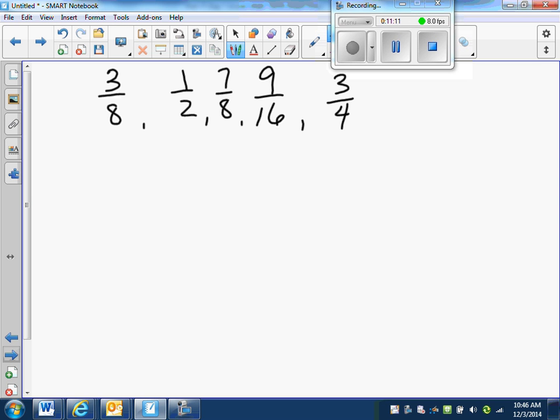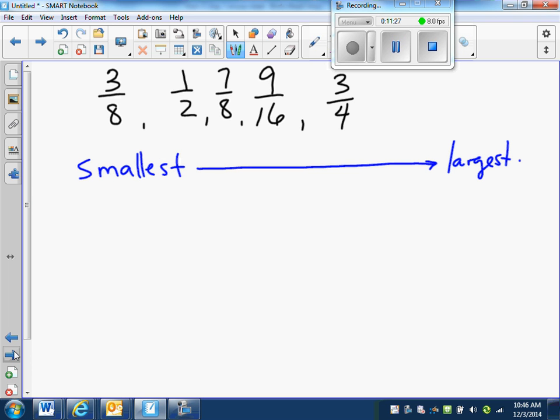If we had these 5 numbers, and I asked you to organize them from smallest to largest, one technique to do that, so we'll just call it method number 1, is to make them all use a common denominator.